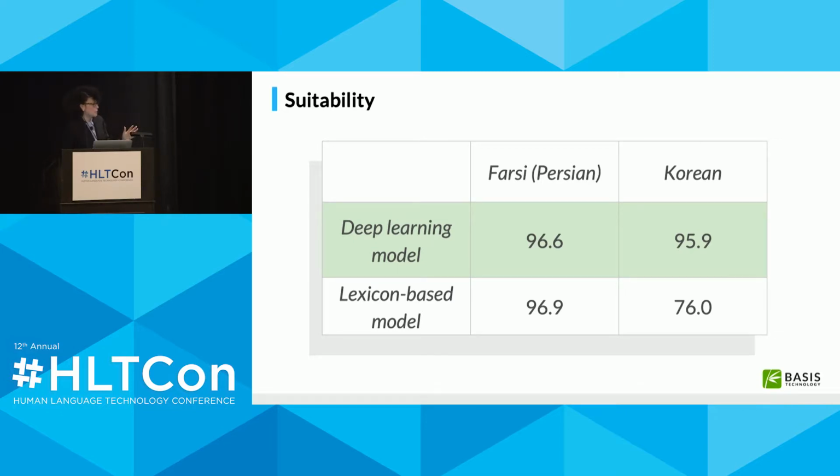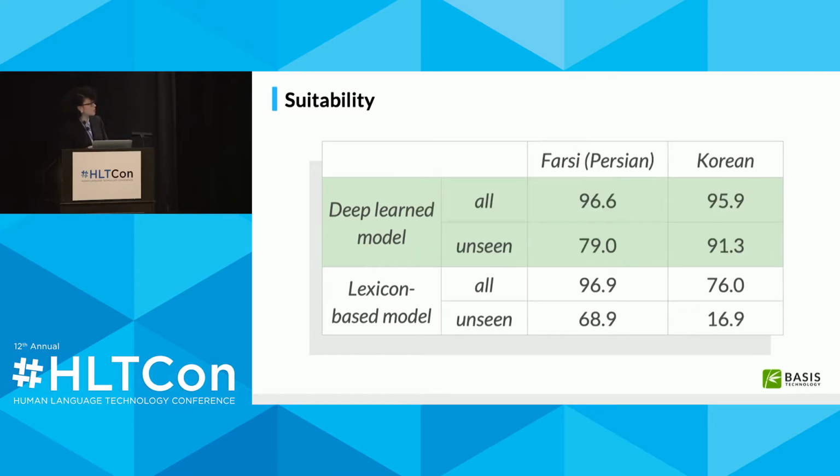And I will say, we did some more tuning on this deep learned model, and we were able to get it to the point where it outperformed the dictionary in Farsi. But what you're seeing here is that they're extremely close. While the deep learning model performs much better on Korean, it's not actually that different from the dictionary for Farsi.